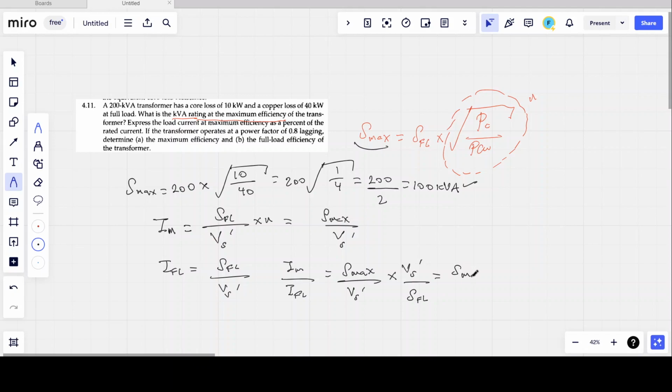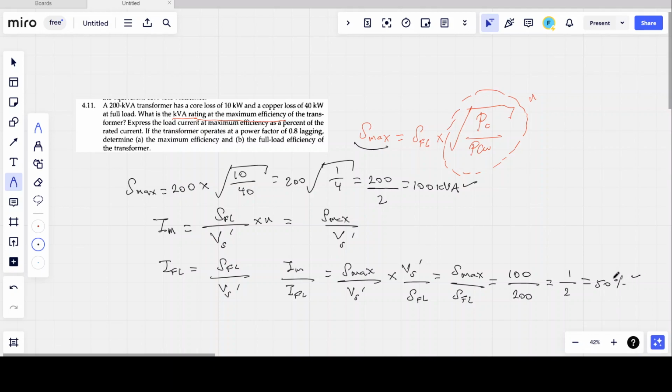And overall, the percentage I max over I full load is nothing but S max divided by S full load. S max is 100 kVA. S full load is 200, which is what we're given. So this is 1/2, which in percentage is 50%, right?